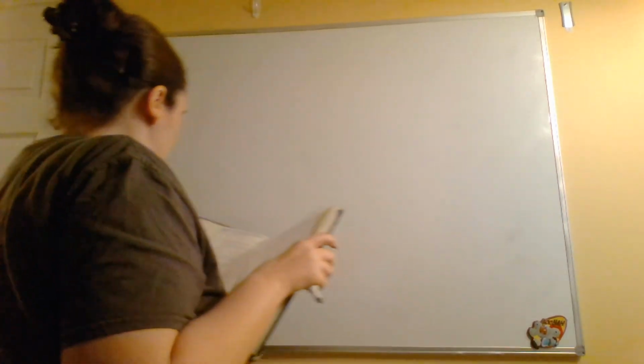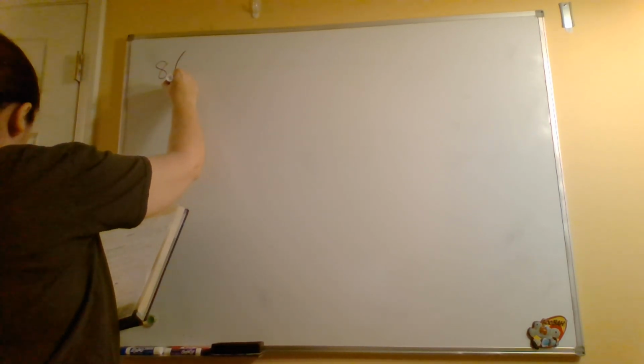Number 17 says 8 or 3, k minus 5, plus 9k is greater than or equal to -3. Actually, I'm looking at my book. Is that an 8 or a 3? Because somebody wrote in my book and circled number 17, so I can't tell.